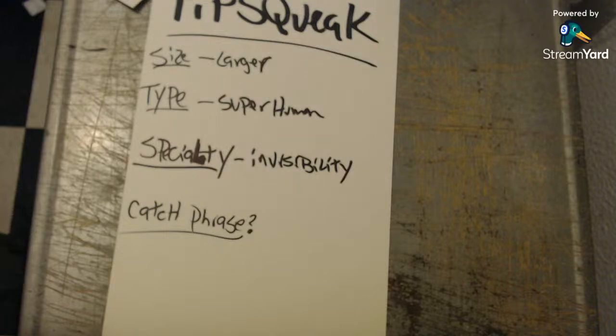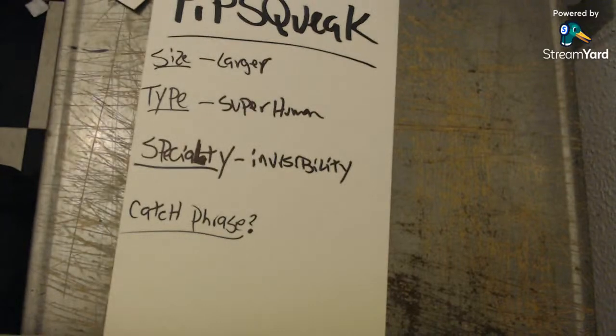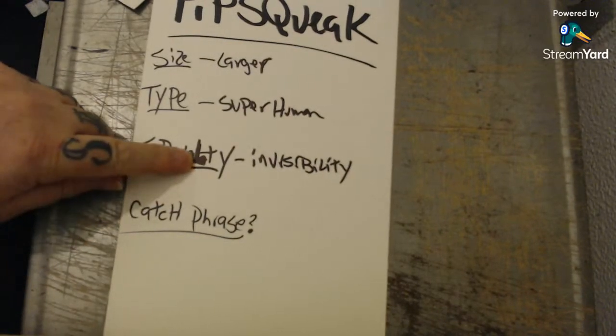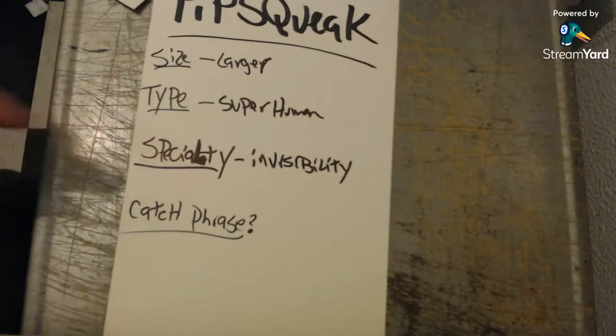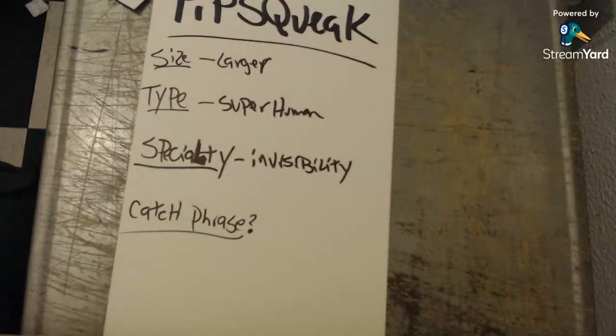I'm gonna have to start a whole new board because I messed up and wrote the superhuman on there. If superhuman doesn't win, you can just scratch it out. No, that would be unprofessional. Well, I have this L that used to be an N. I mean, I wrote down big guy on my little character sheet thing here, so.